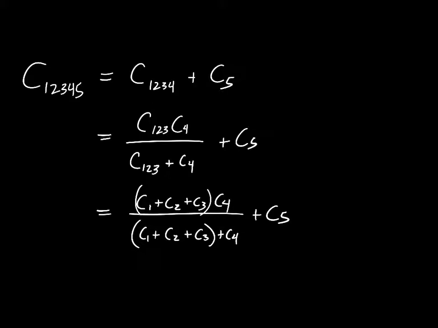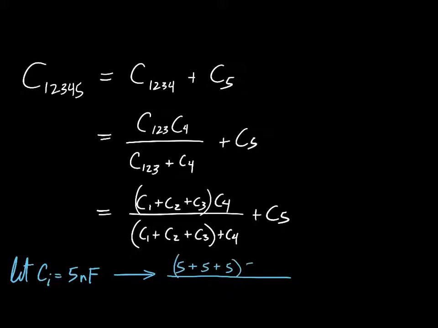So what do we do next? Great question, glad you asked. Let C sub i equal 5 nanofarads. Make them all the same. They're all 5 nanofarad capacitors. So if we wanted to, we could just put all of these 5s in here. So 5 plus 5 plus 5 times 5 over 5 plus 5 plus 5 plus 5, because that's all we have in the bottom, plus 5 over here.